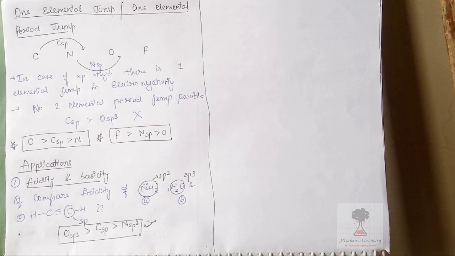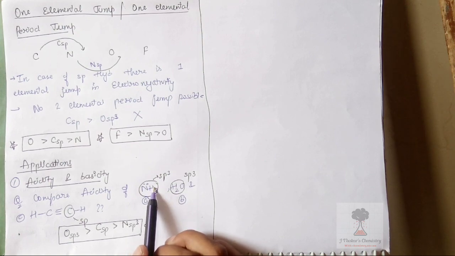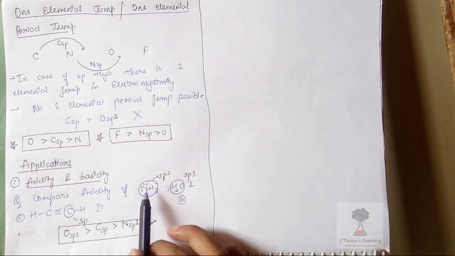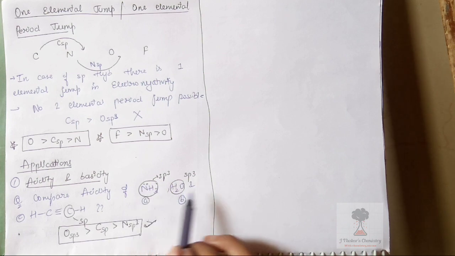The central atom with high electronegativity has more tendency to attract the bond electrons towards itself. So a partial positive charge is generated on the hydrogen atom. Due to the high electronegativity, there are more chances of hydrogen leaving as an H positive ion.